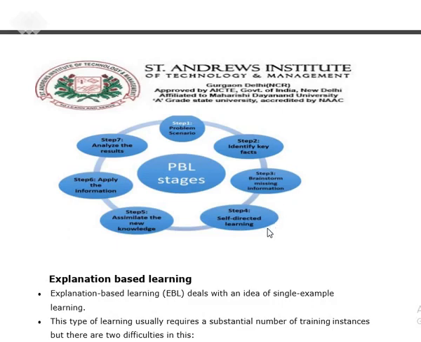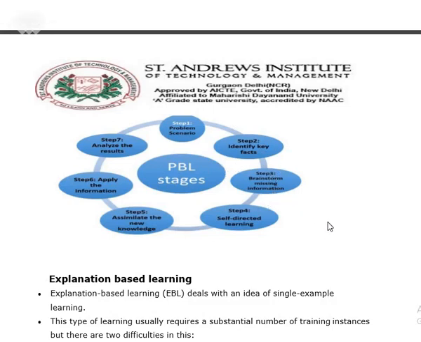Then a self-directed learning strategy is carried out. Before solving the problem, we need to analyze it very well. Then we apply the information, and finally we analyze the result, and this cycle is complete when the problem has been solved, and we keep on learning in every phase of the cycle.